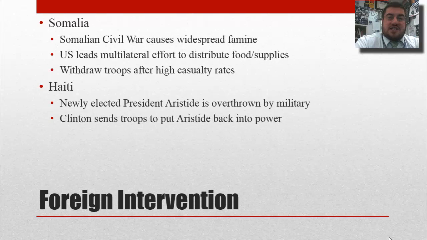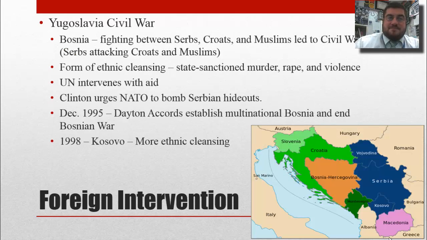But because of the Black Hawk Down incident and others, troops being killed, we withdraw our troops after high casualty rates in the civil war. And then in Haiti, they elect a new president, and his name is Aristide, and he is overthrown by the military. So Clinton and his troops put Aristide back into power because he was the democratically elected leader of Haiti, and so he should be able to serve and not be overthrown by the military.